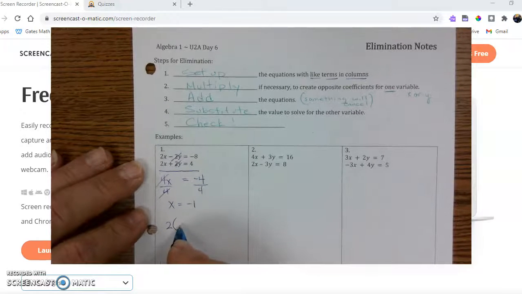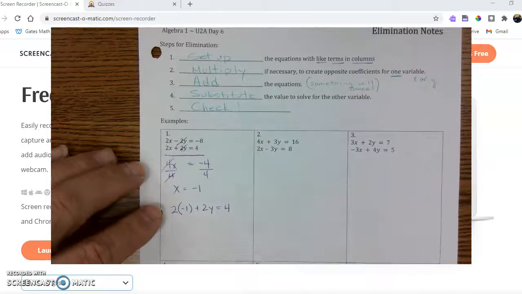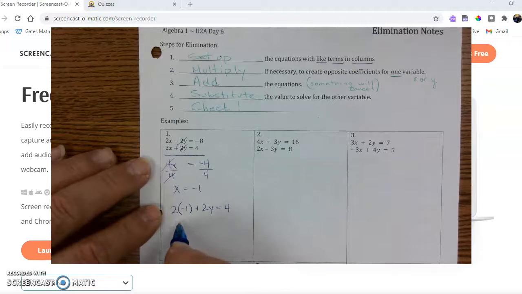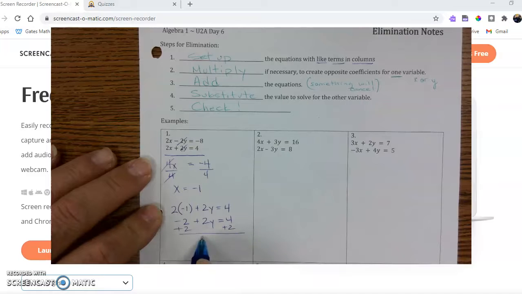It doesn't matter. 2 times x, which is -1, plus 2 times y equals 4. That's equation number 2, but the -1 replaces the x. So -2 plus 2y equals 4. Add 2 to each side. 2y equals 6.